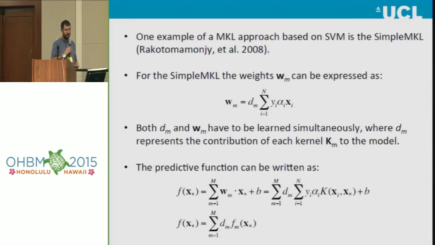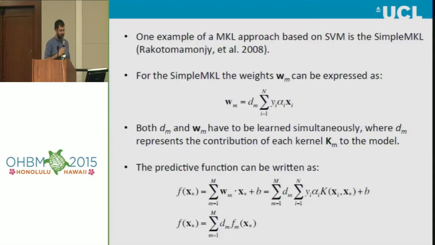One example of an approach that's been used with SVMs is SimpleMKL. For SimpleMKL, the weights can be expressed in this form. Under the second bullet point, you can see how we express the weights for each kernel.